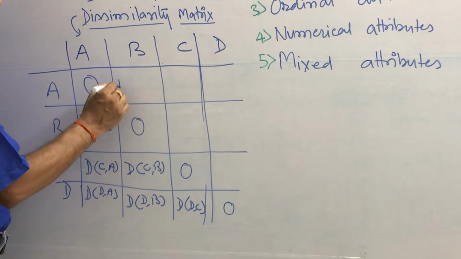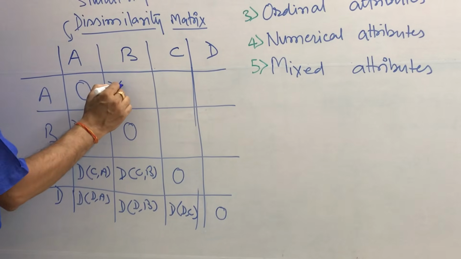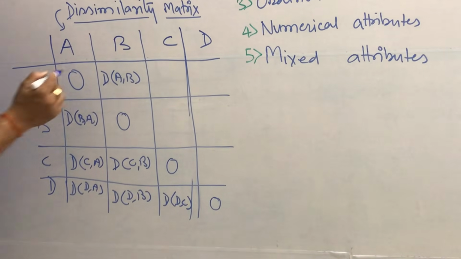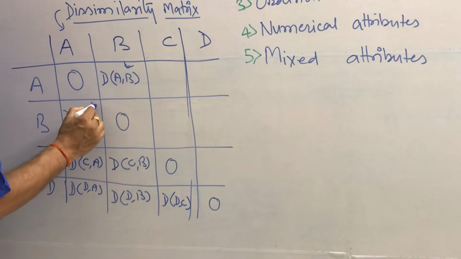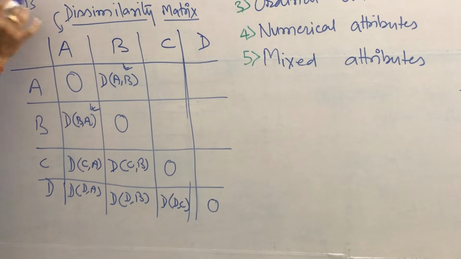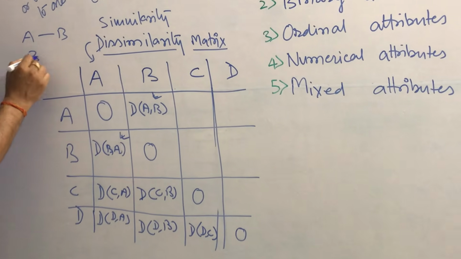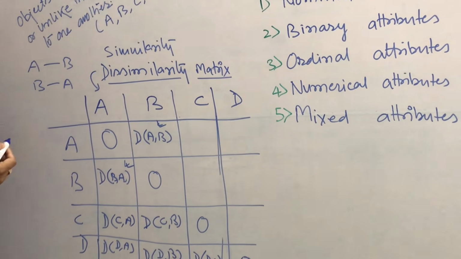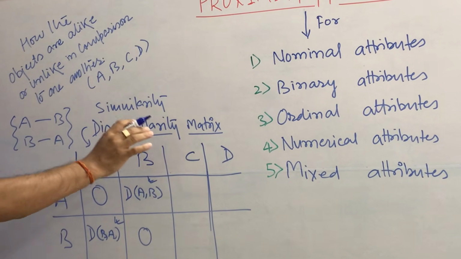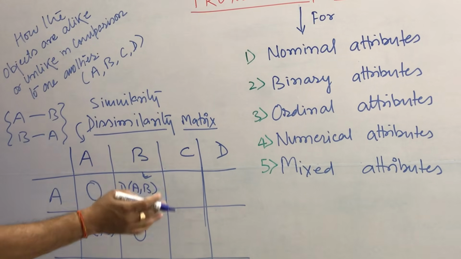According to the definition I explained, you get the same value whether you measure the distance from A to B or from B to A. In both cases, either the dissimilarity values or the similarity values must be equal.